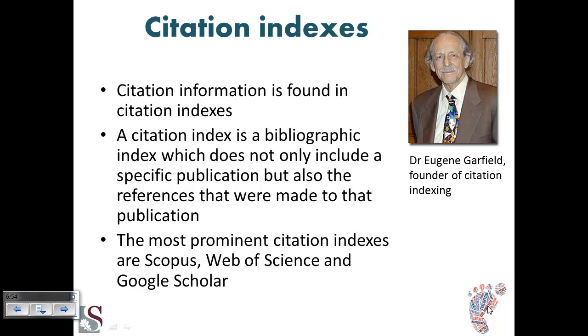He had the idea that articles could be indexed by using citation information as retrieval terms instead of keywords and descriptors assigned by indexers. So, a citation index is a bibliographic index which includes not only a specific publication, but also the references that were made to that publication. We'll have a closer look at the most important indexes once we've talked a bit through a few other things.